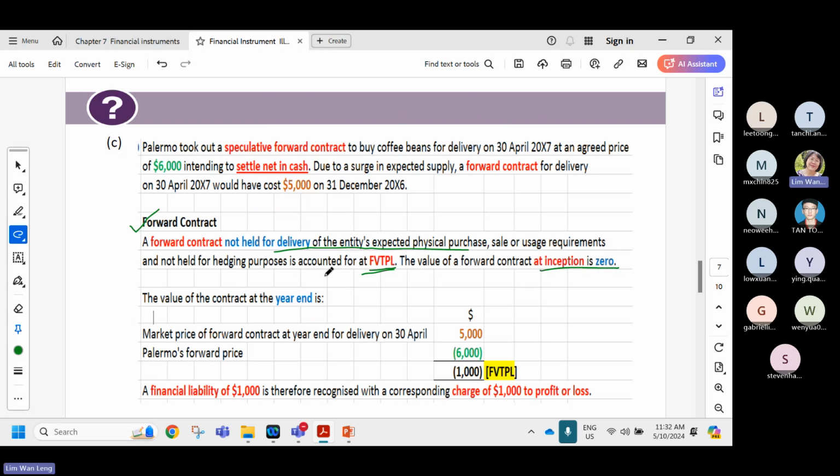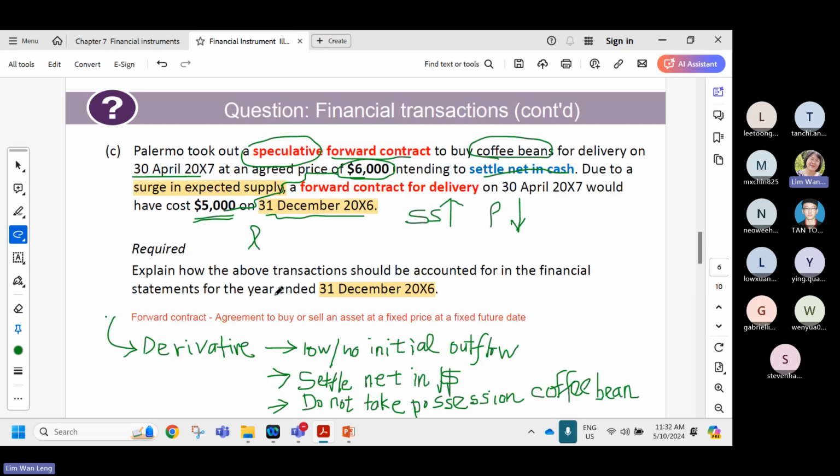But of course, you need to put a disclosure in line with IFRS 7. And then they tell you the value of the contract at year end, because the question wants you to record what will be the accounting for the forward contract at year end.